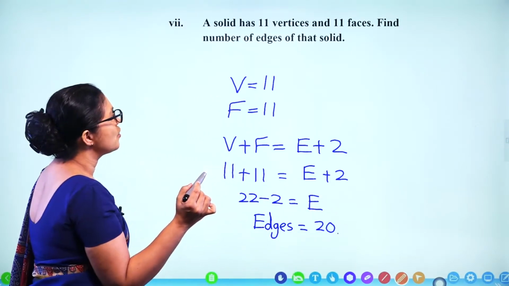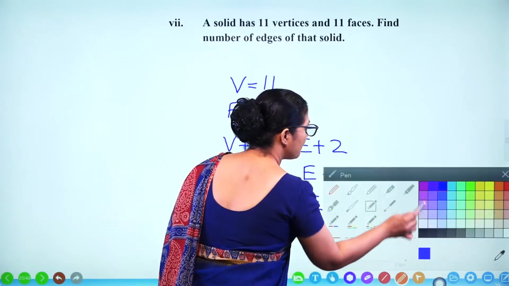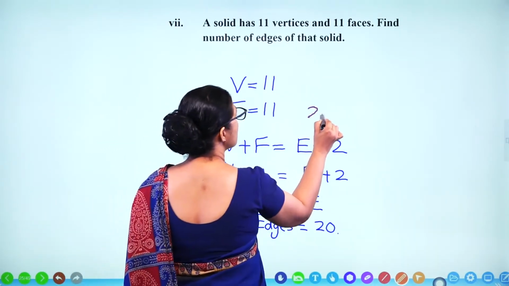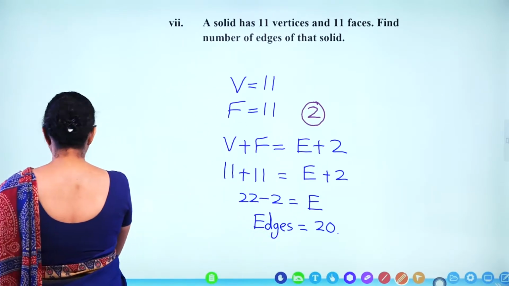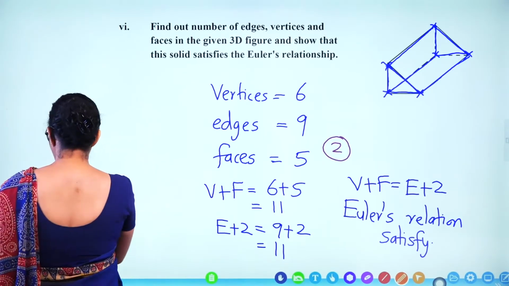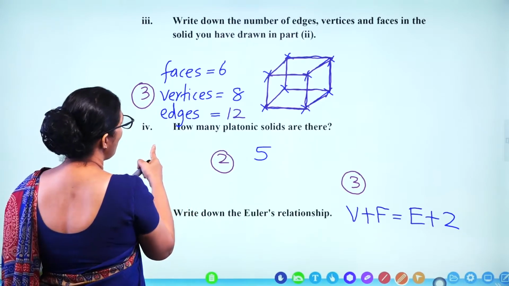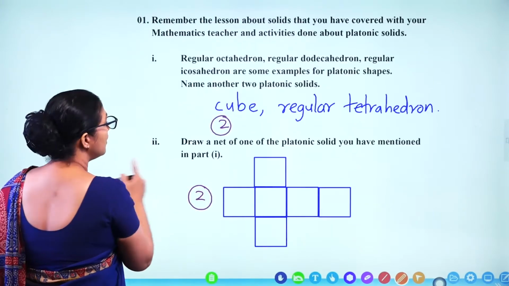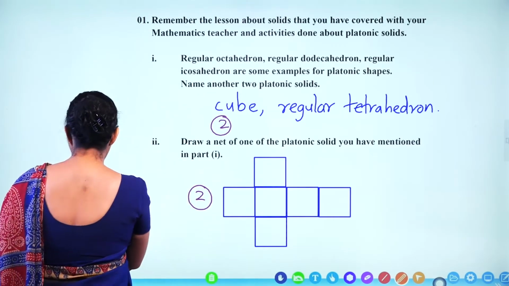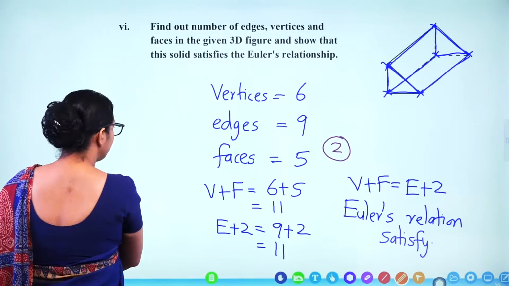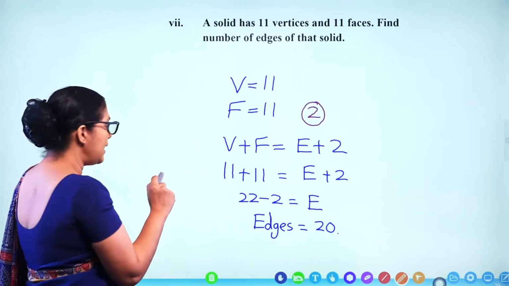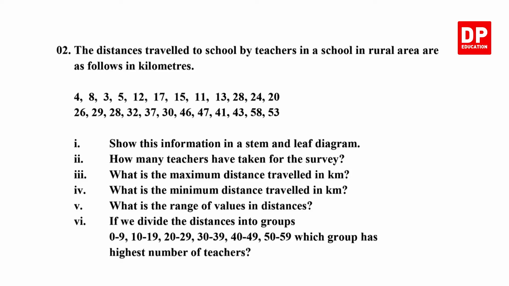That's 20 edges. So how many marks for that? You get 2 marks. So 2, 2, 4, 4 and 3, 7, 9, 12, 12 and 4, 16 marks for that question. First question you get 16 marks and the other questions only 11 marks. Question number 2, that's a statistics question.